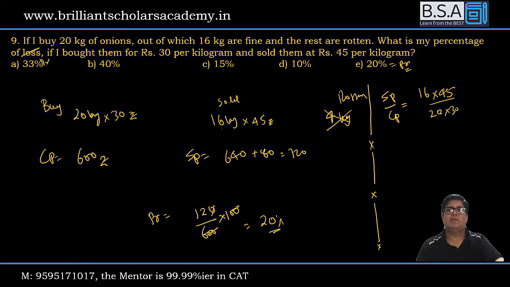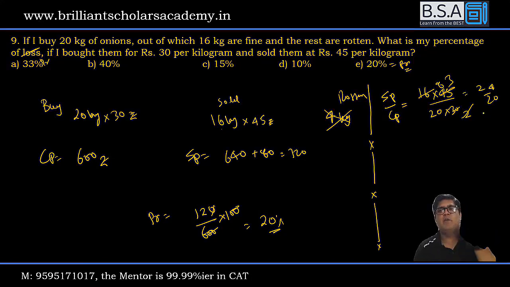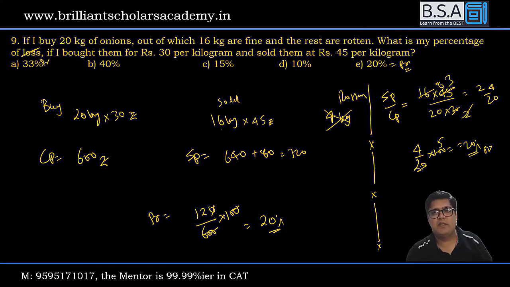If you do this, this is 15 into 3, 15 into 2, cancelled, 8. So you have 24 upon 20. On 20 rupees, how much more do I have? On 20, I have 4 rupees more. So 4 by 20 into 100 is 20% profit. You could directly do this with ratios.